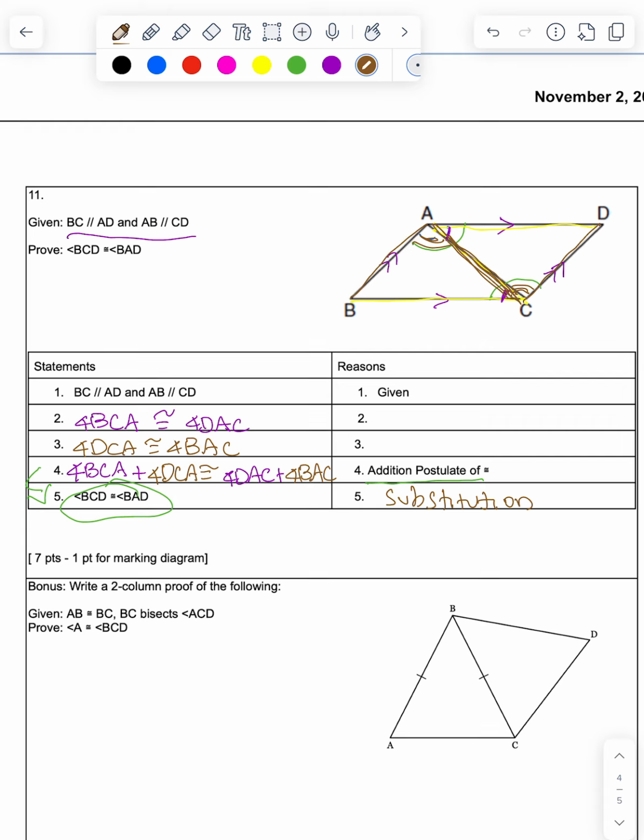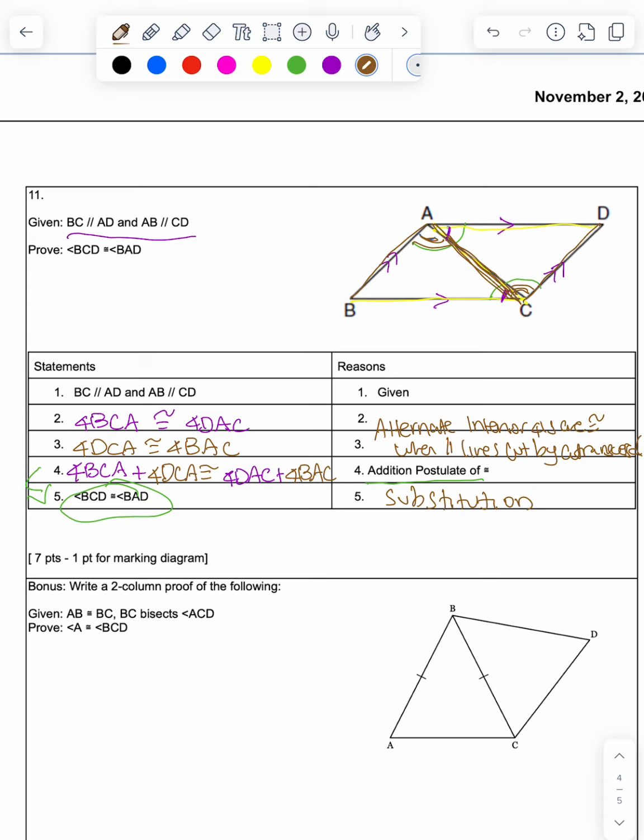And we already talked about how they're both two pairs of alternate interior angles. Since they use the same reason, you can write it out twice, but I'm just going to write it big. Alternate interior angles are congruent when parallel lines are cut by a transversal.